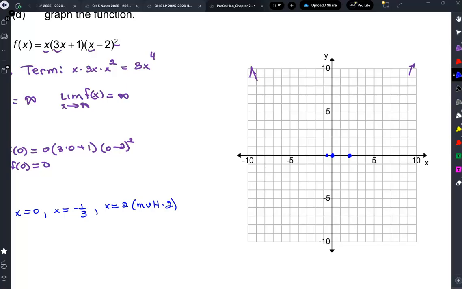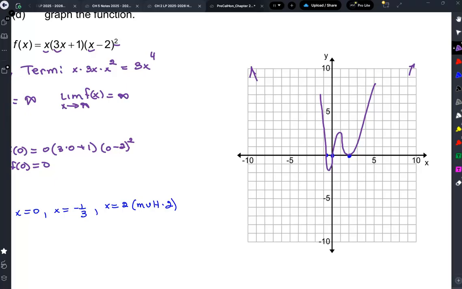So when the graph comes to one of those points, is it going to cross or turn around? Cross. So from here, it's going to come down, cross, go back up, cross, go back up, come down, not cross, and go back up. So that's how it looks.